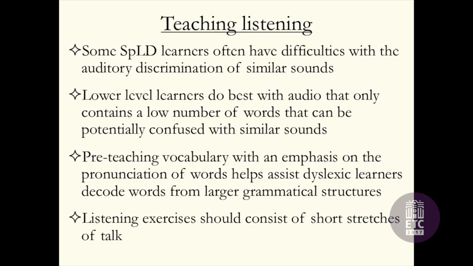I guess we have to do listening exercises that are shorter, because the longer pieces become too complicated. It's better to focus on the shorter pieces and let them really learn that before we move into longer utterances.